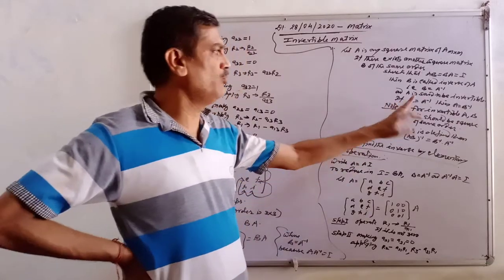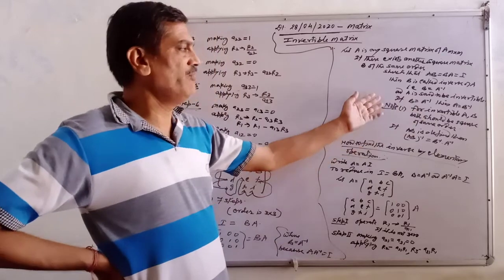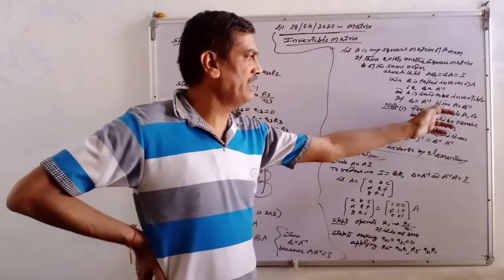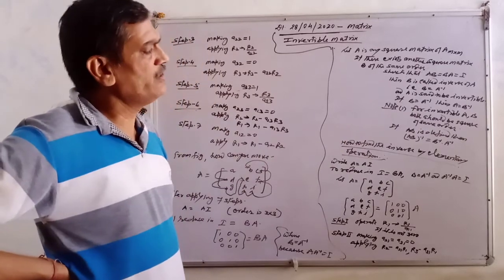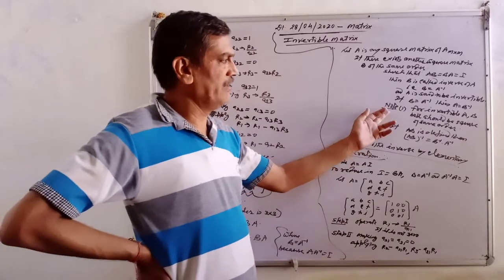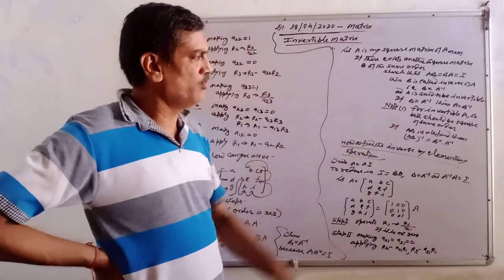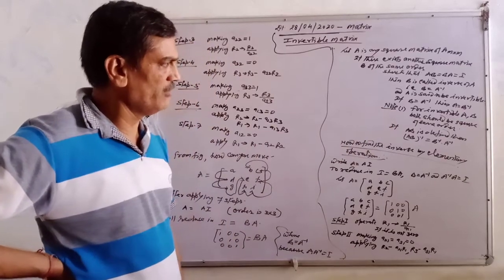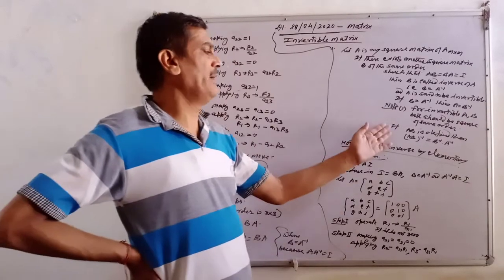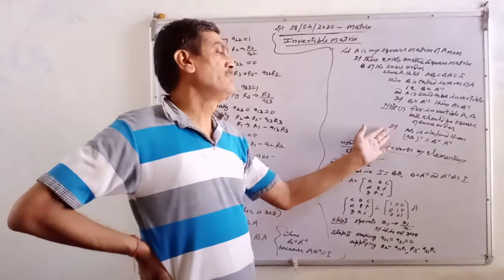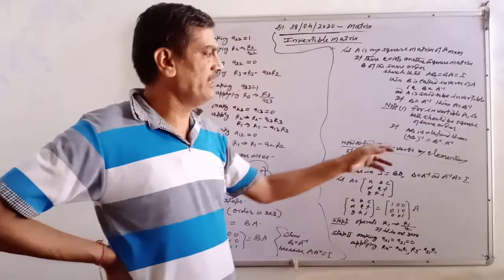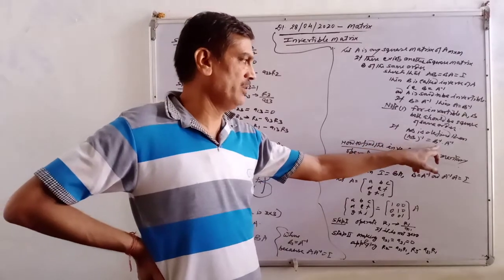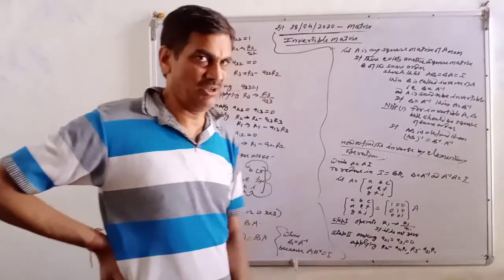So B is equal to A inverse, and if B is equal to A inverse, then A will be equal to the inverse of B. Here you will remember, for invertible matrices A and B both should be square of the same order, and if AB is defined, then you can verify this result: the inverse of AB is equal to the inverse of B into the inverse of A.